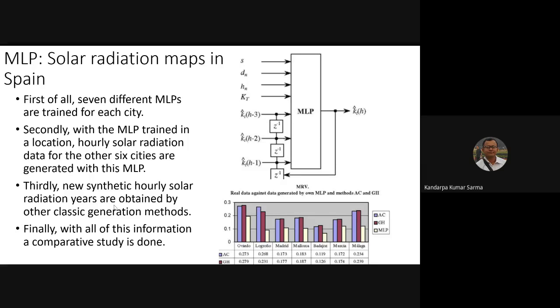So they could give a prediction on an hourly basis for the solar radiation falling on six different cities. So this was a fantastic work, a nice scientific work that showed great reliability, and they have reported the use of multi-layer perceptron.